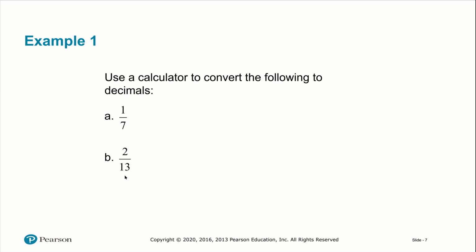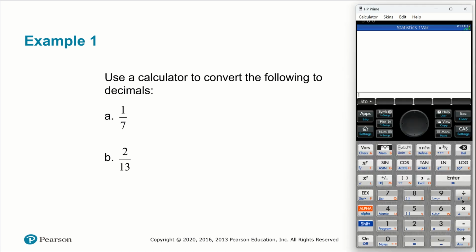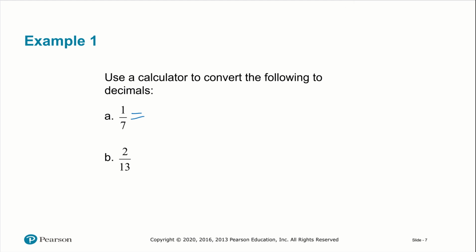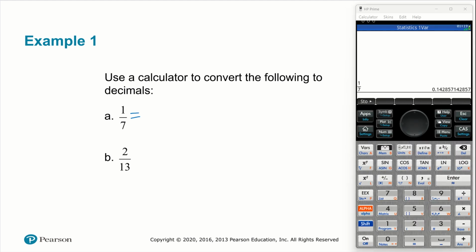Let's take a look. So we divide 1 by 7, and here we can see 0.142857, 142857, etc. So we write this is equal to 0.142857, and that is precisely the repetend.